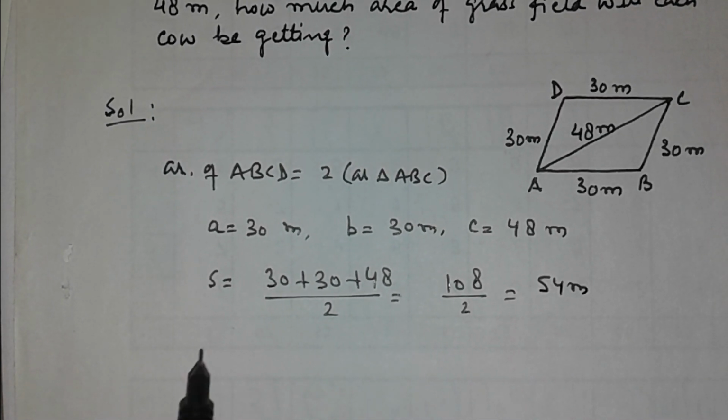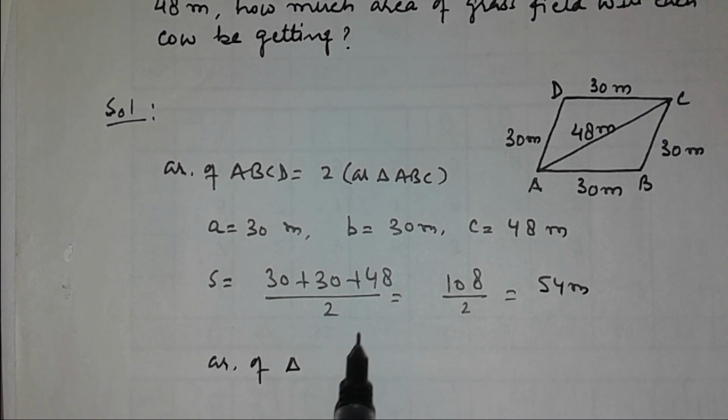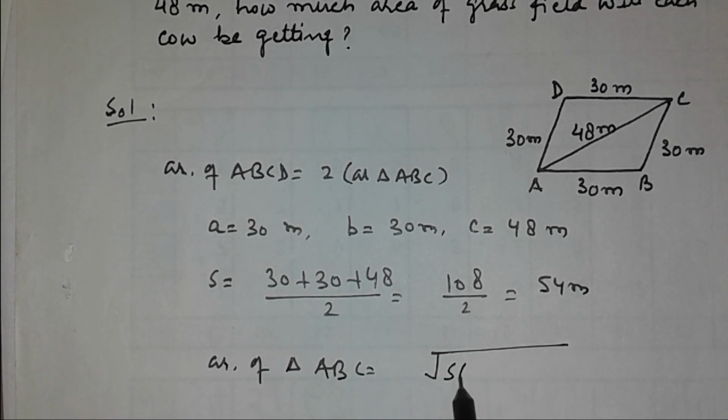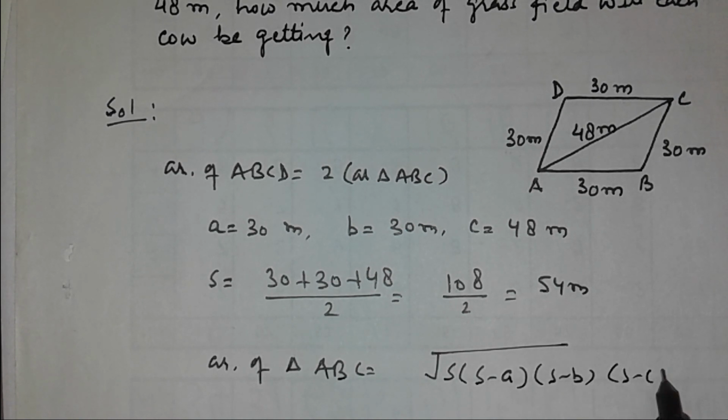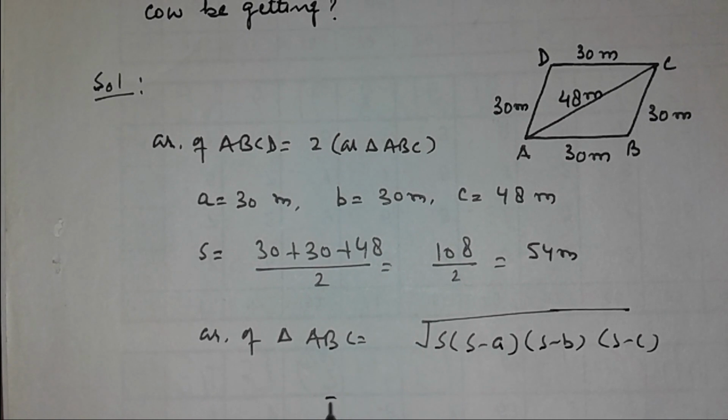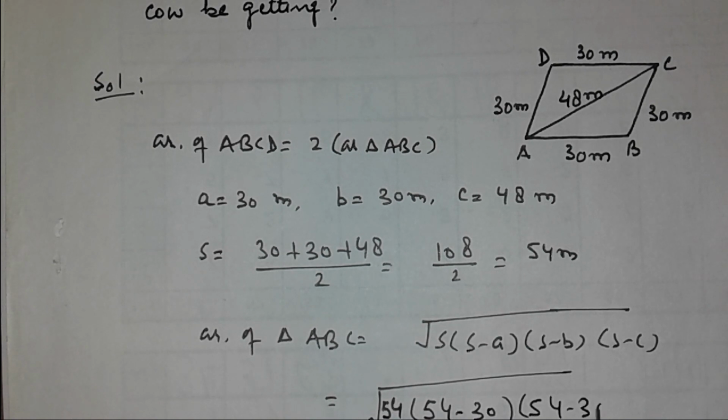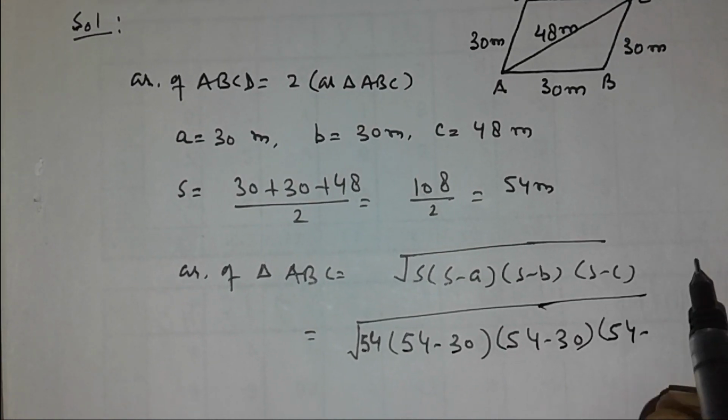Now find the area of triangle ABC. Root of S into S minus A, S minus B and S minus C. So S is 54, 54 minus A 30, 54 minus 30 and again 54 minus 48.